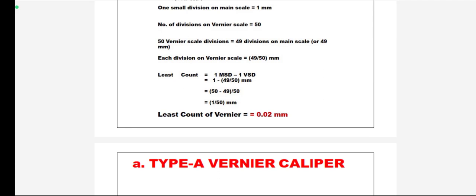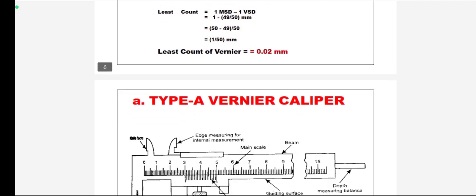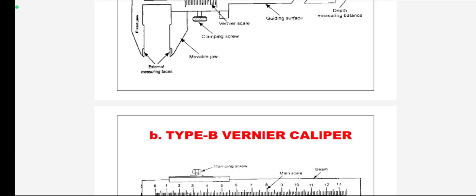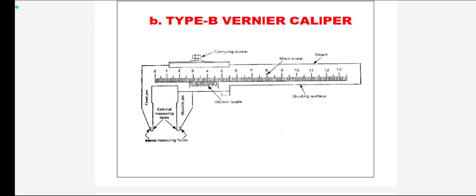Now the types of vernier caliper. Type A, as shown in the figure, can measure both internal and external diameters. Type B can measure only the length of the object and the outside diameter.